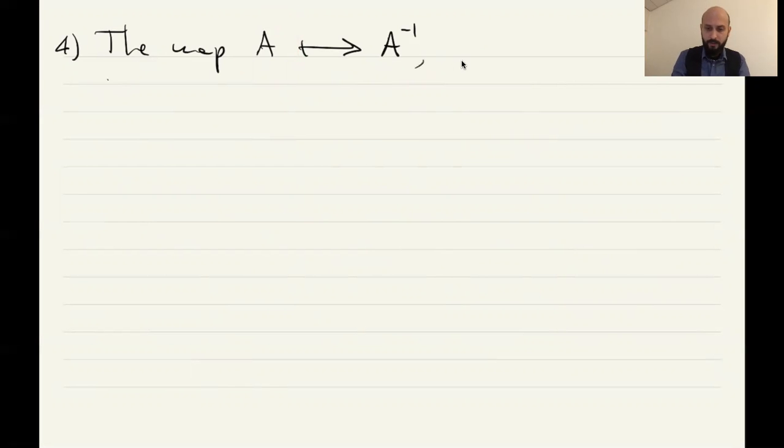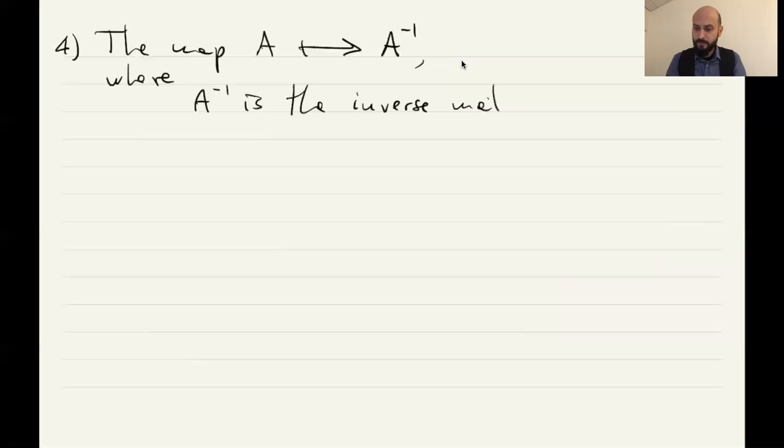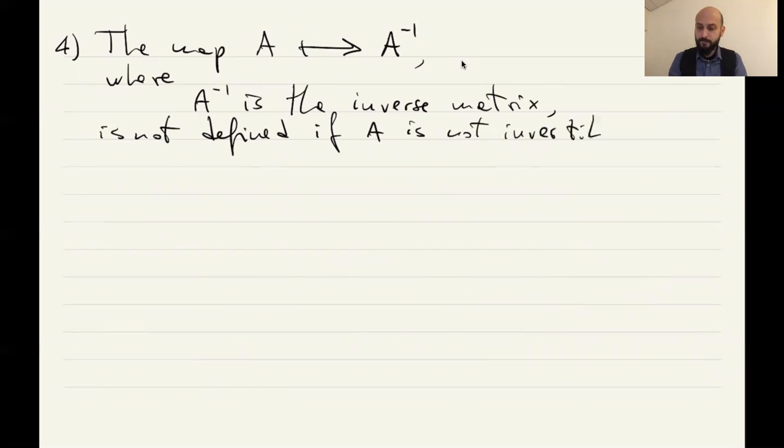This map is not defined if A is not invertible, which happens exactly when the determinant of A is equal to 0.